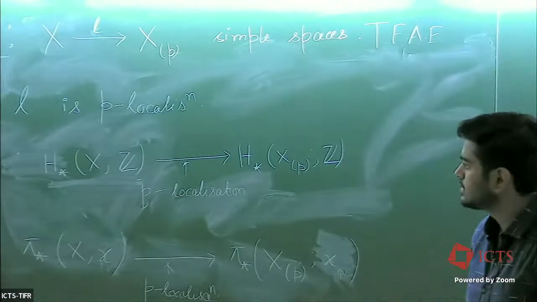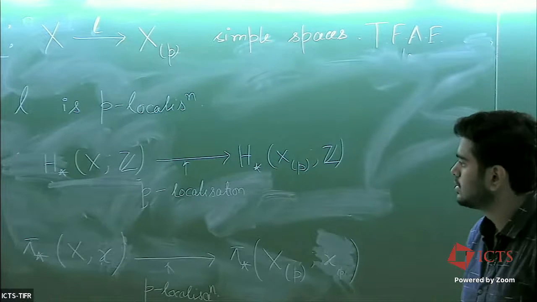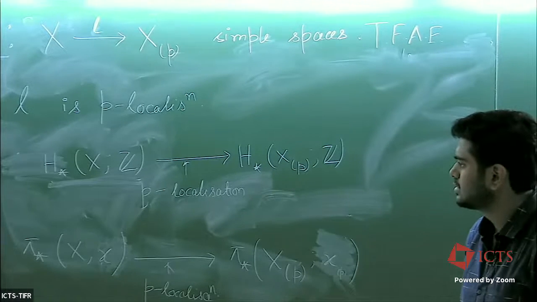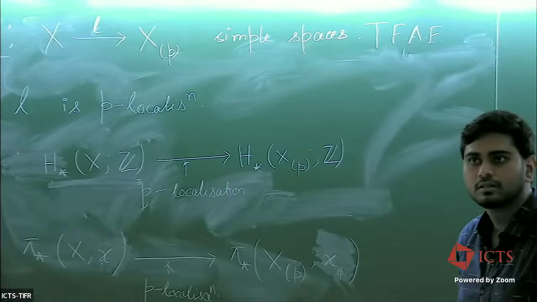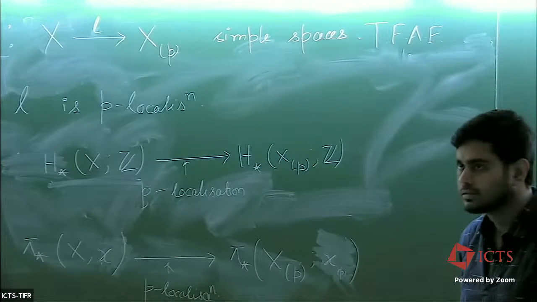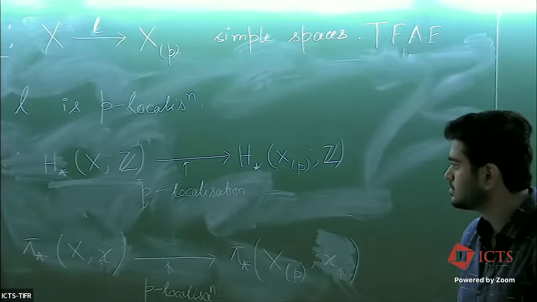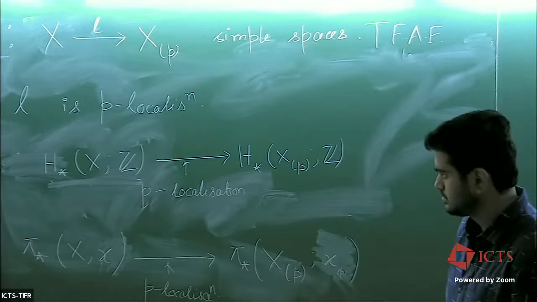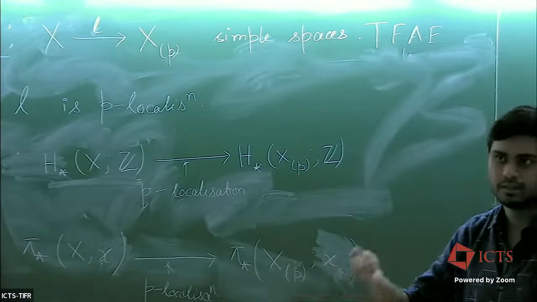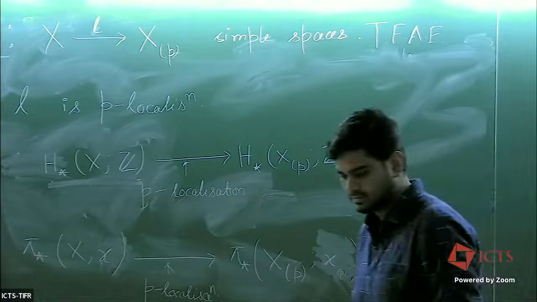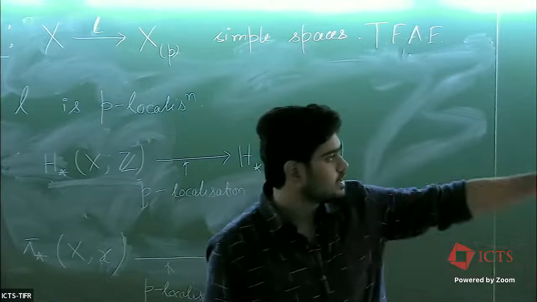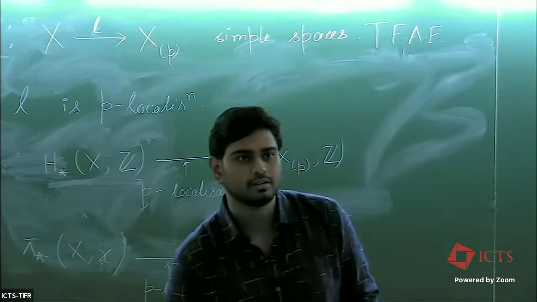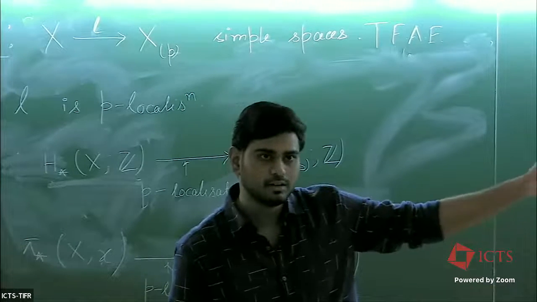I changed the enumeration. Even that universal property says that if I have another one, then there is a homotopy equivalence.